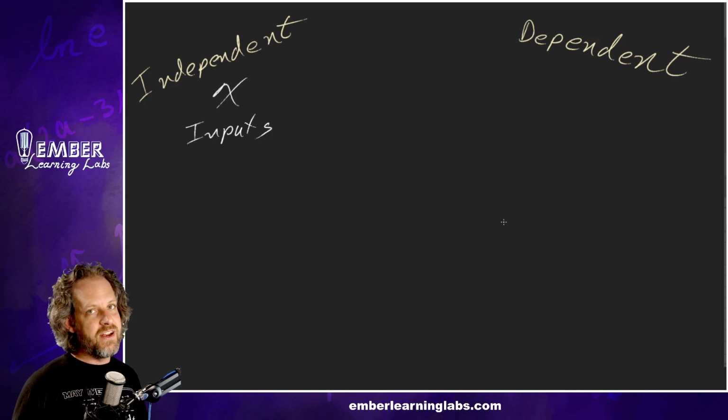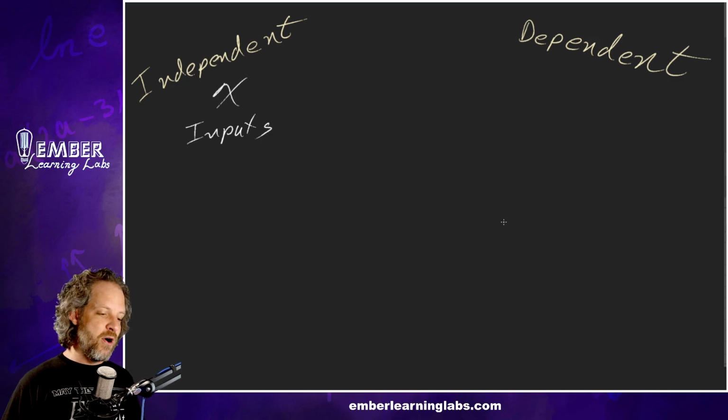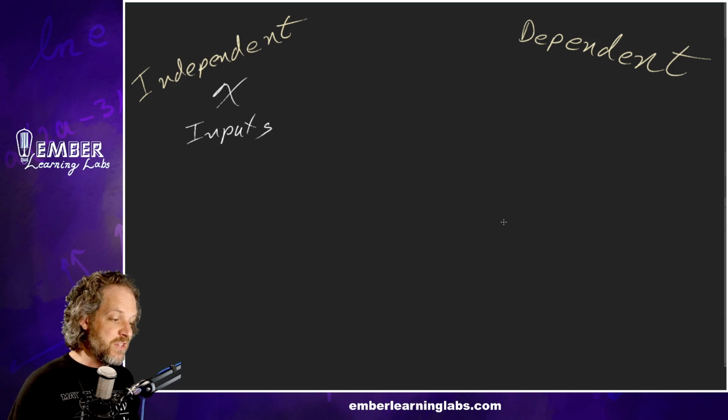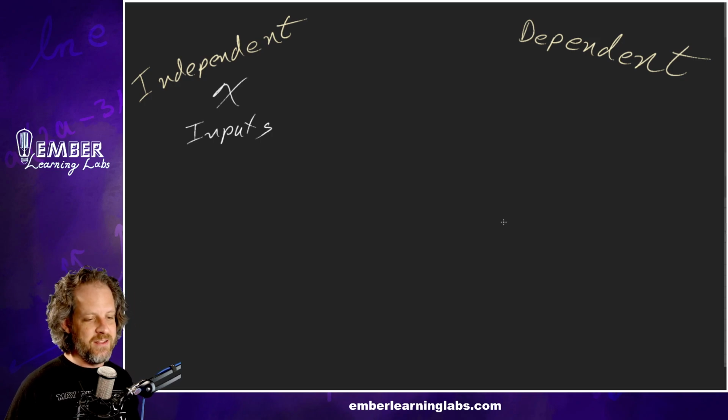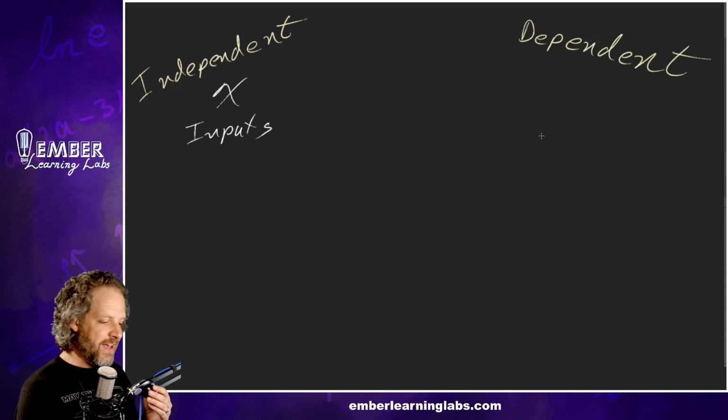Also, throwing this out there, I chose time as my example on purpose. If you ever have time as a variable in an experiment or a word problem, it is pretty much always the independent variable because we can't control time. We can't change time, right? So that's what's going on.